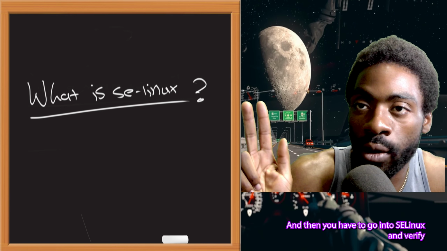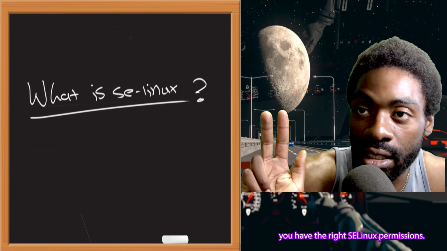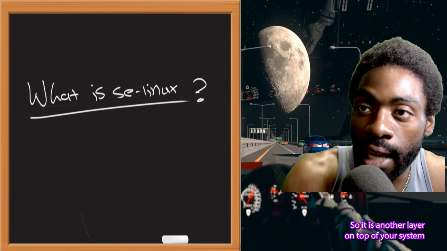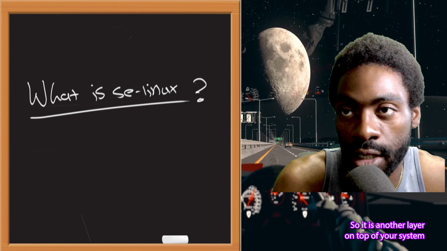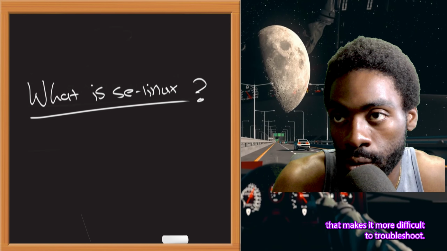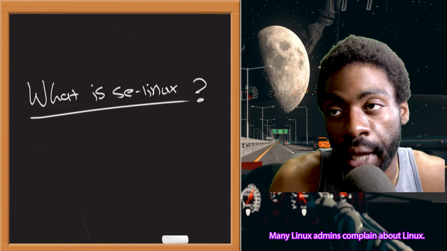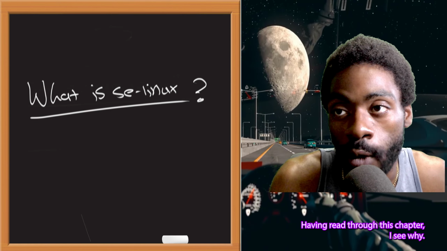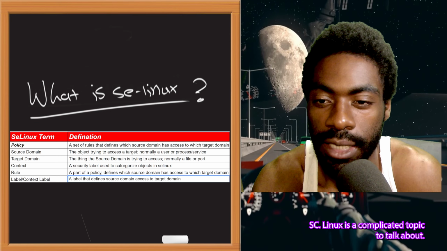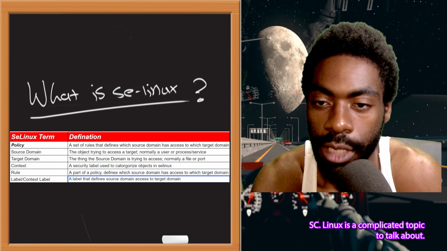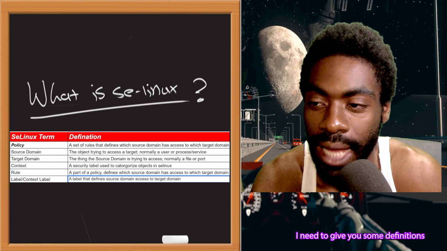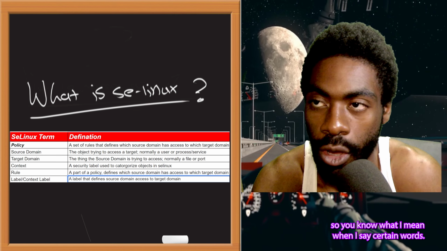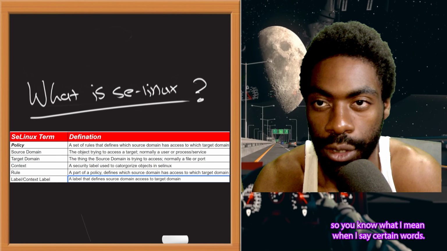And then you have to go into SE Linux and verify you have the right SE Linux permissions. So there's another layer on top of your system that makes it more difficult to troubleshoot. Many Linux admins complain about SE Linux. Having read through this chapter, I see why. SE Linux is a complicated topic to talk about. So complicated, I need to give you some definitions so you know what I mean when I say certain words.